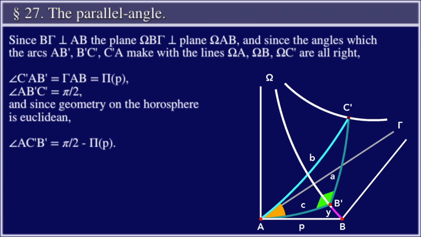The angle AB'C' is equal to π/2. And since geometry on the horosphere is Euclidean, the angle AC'B' is equal to π/2 minus the parallel angle Π(p).